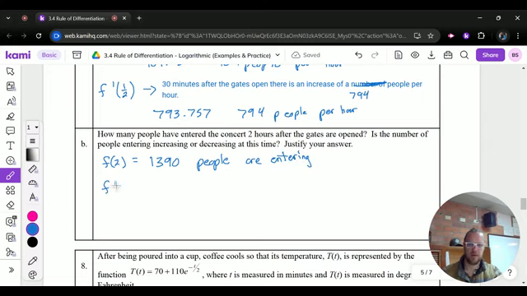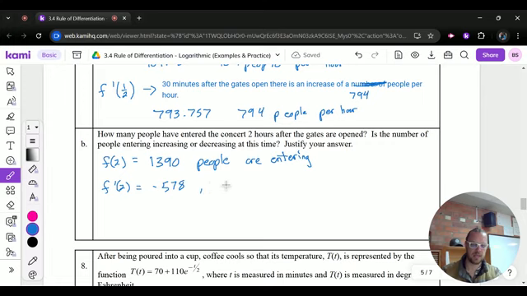Okay, and f prime of 2, we want to know, is this thing going faster, slower, what, right? So f prime of 2 here, again, we're going to plug it in, derivative at a point, and we're going to get negative 578.5. I'm going to leave it at 578 then because we can't have half a person.